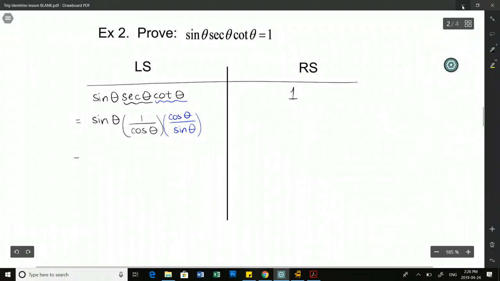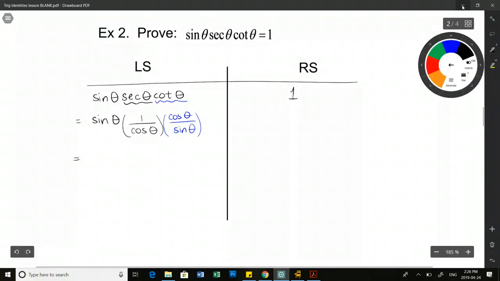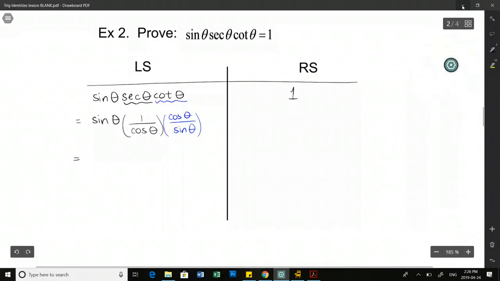Okay, thoughts as to where we can go from here? Elise? Can't you just put the 2 brackets and then it becomes sine theta times cos theta squared? Well, the cos is on top, so I don't think we're going to get a cos squared theta. Ivana? Cancel your cos and sine.